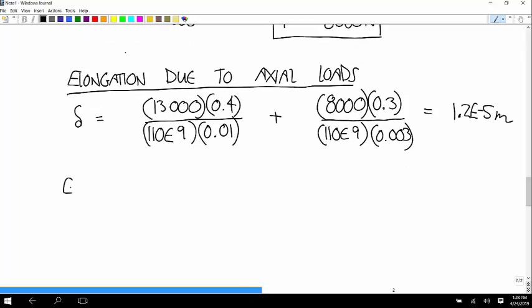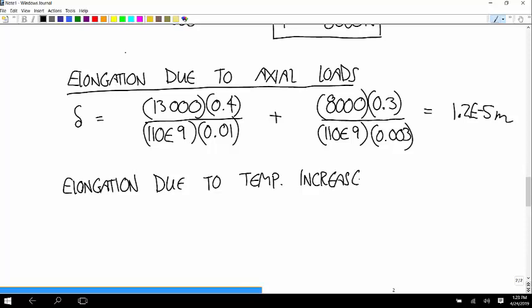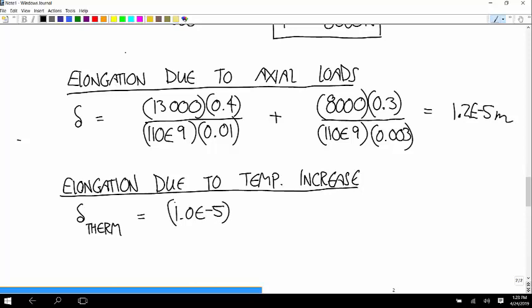And now we have to deal with the elongation due to the temperature increase. The thermal expansion is equal to the coefficient of thermal expansion, 1 times 10 to the minus 5, times the length.